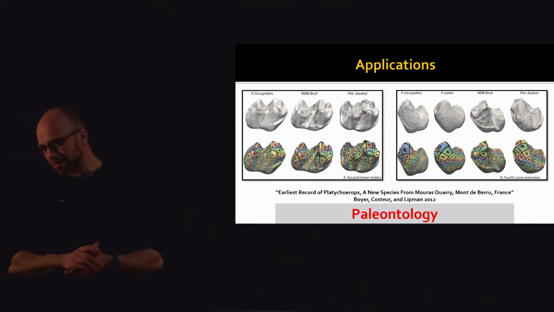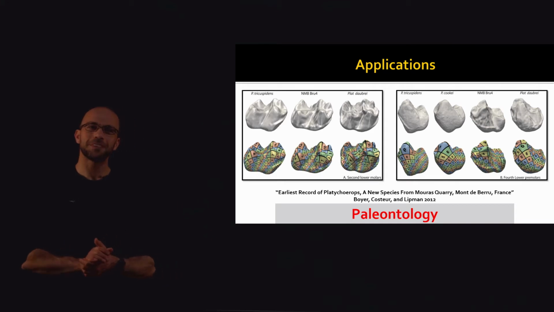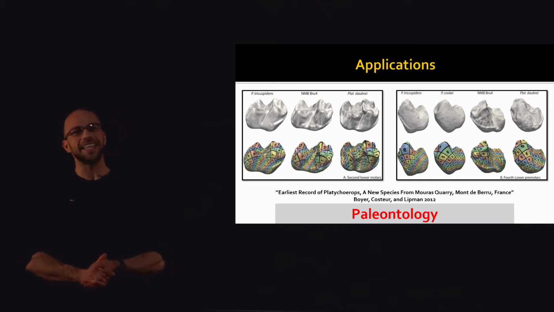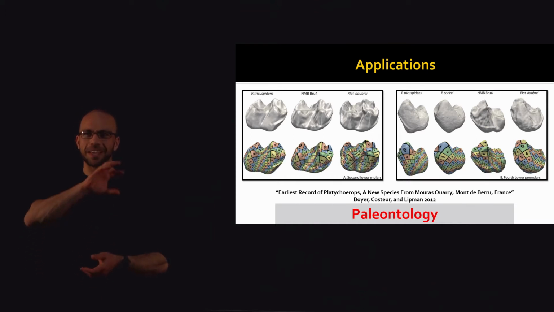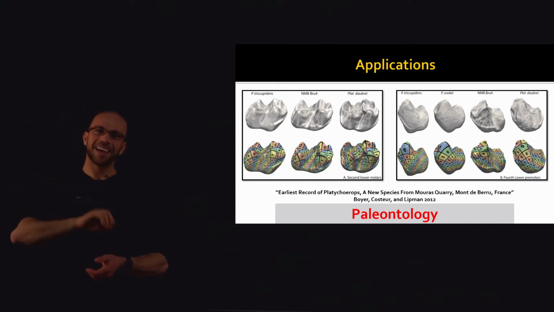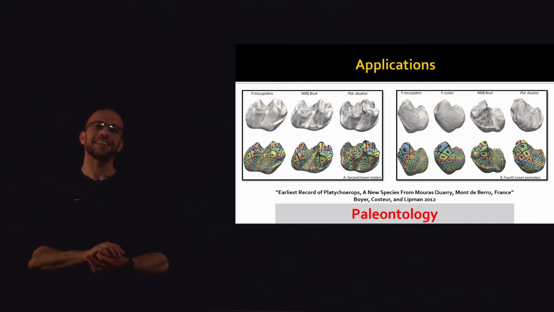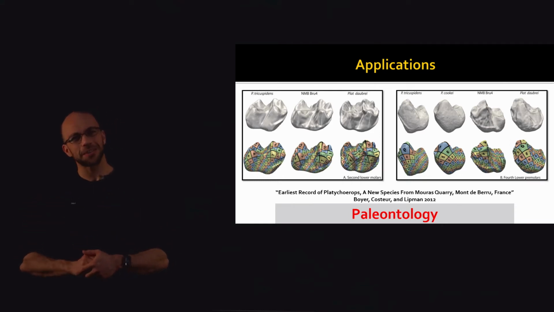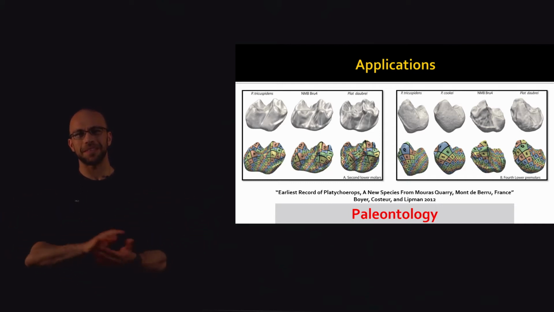Now, similar to this application, just for fun, I also gave you all a pointer to even an application of correspondence in paleontology. In fact, there's a really well-known data set of 3D scanned teeth from, I believe, different species of maybe a monkey or something over time, which have evolved. And so once you map these teeth to one another, you can try to figure out what are the interesting anatomical features that are appearing from one species to another as evolution proceeds.